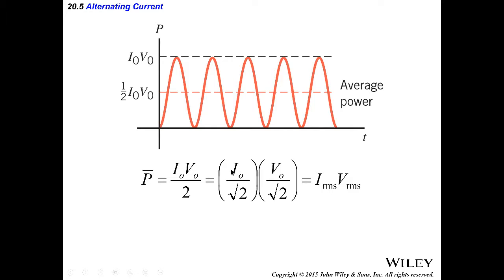RMS is whatever is the peak current divided by square root of 2. Because if not, you would have to say it is I0 V0 over 2 from the original formula. And they just say, I don't like to carry this. So I will define this to be root mean square current and this to be root mean square voltage. All right, RMS means root mean square.